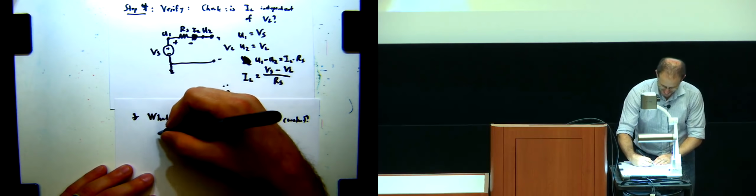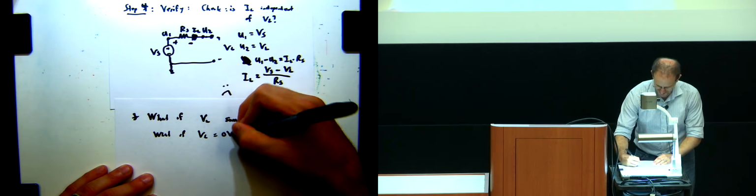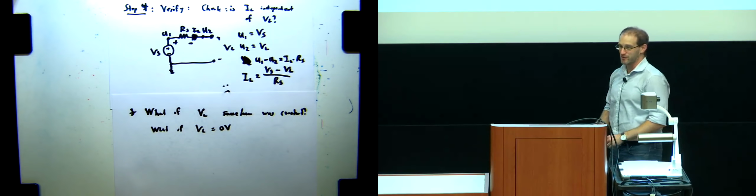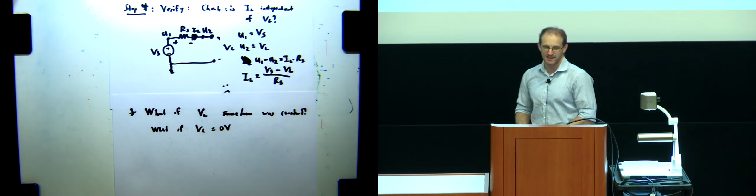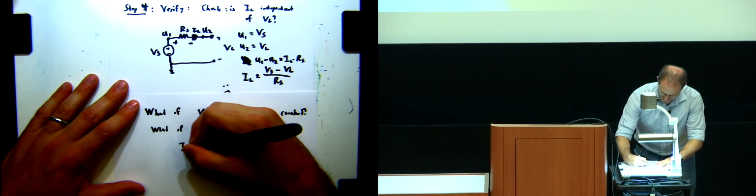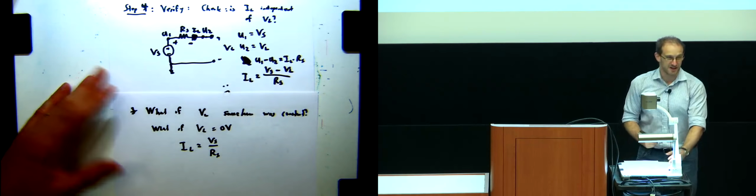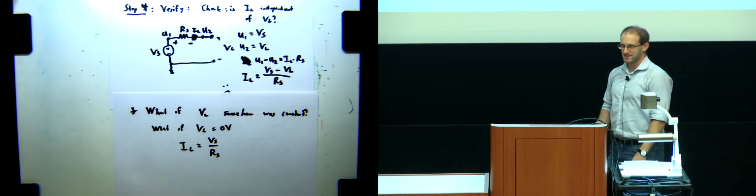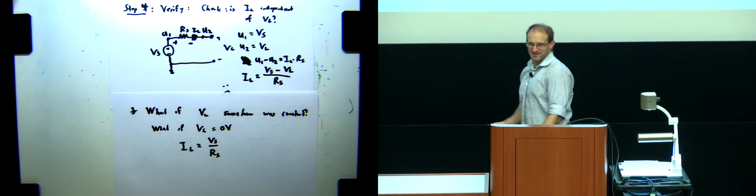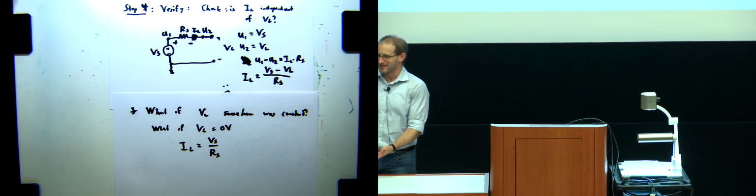And in particular, what if VL somehow I magically made it 0 volts? Well, if I did that, then that would say that IL would just be equal to VS over RS. So that looks pretty good. That doesn't depend on VL, but it doesn't depend on VL because I said VL has to be 0 volts.